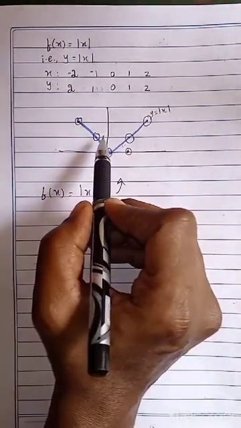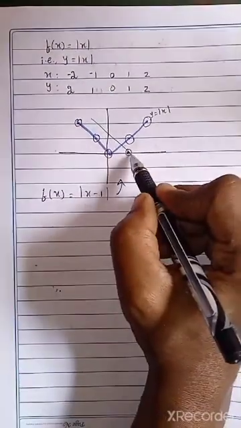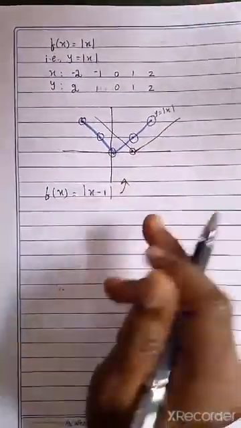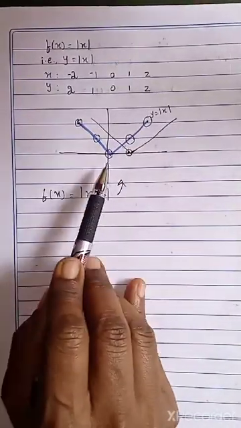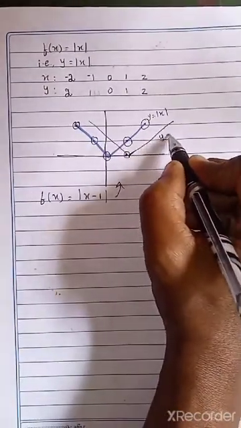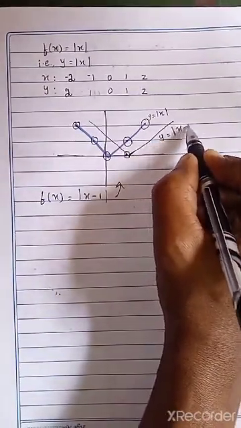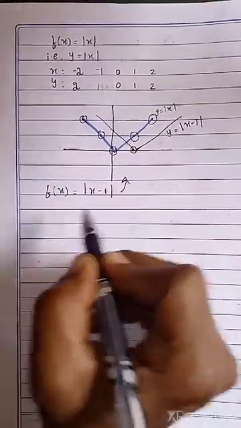From here I have to draw like this and like this. See, without plotting the points, using the transformation, I have drawn the graph. So this is your y equal to mod x minus 1. Is that clear?